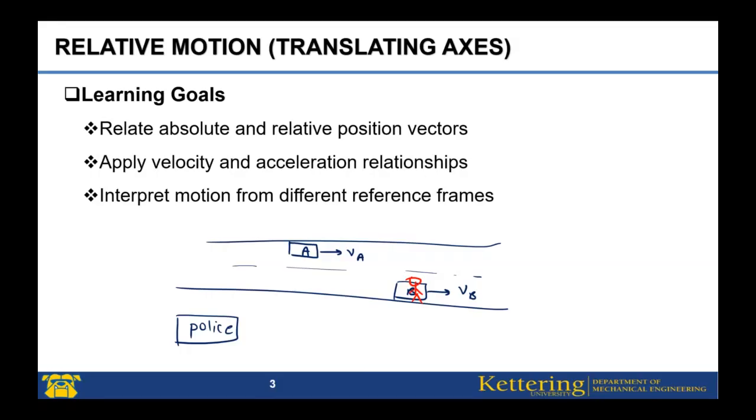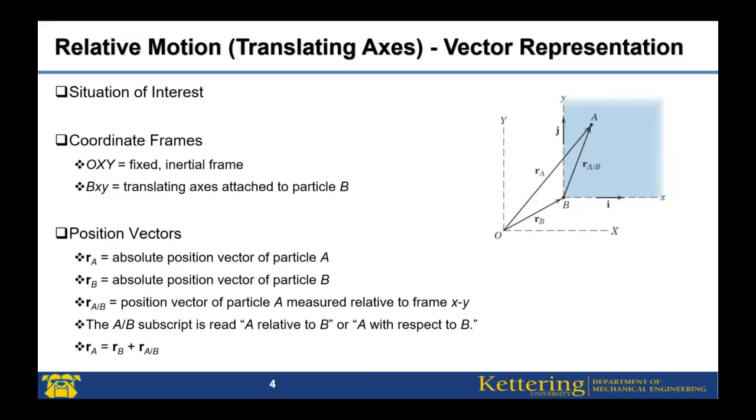Now, from this example, I want to show the vector representations. For example, this is a lake, and at this point there is one observer at the beach.